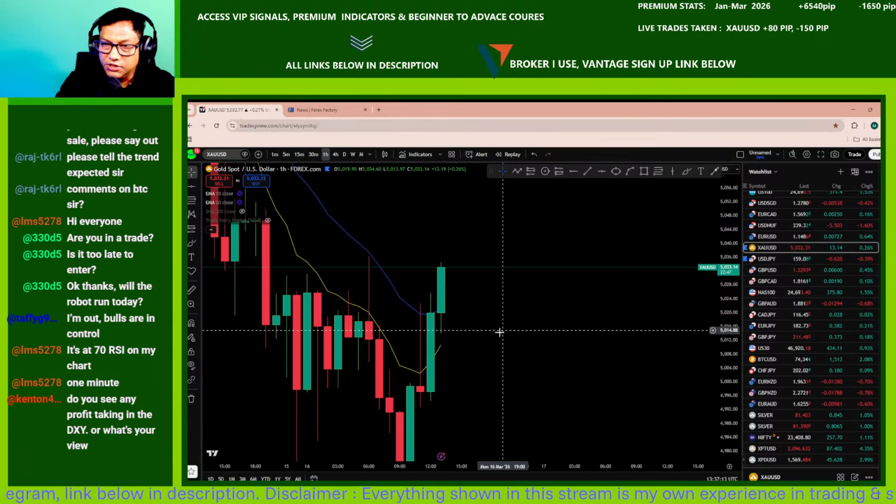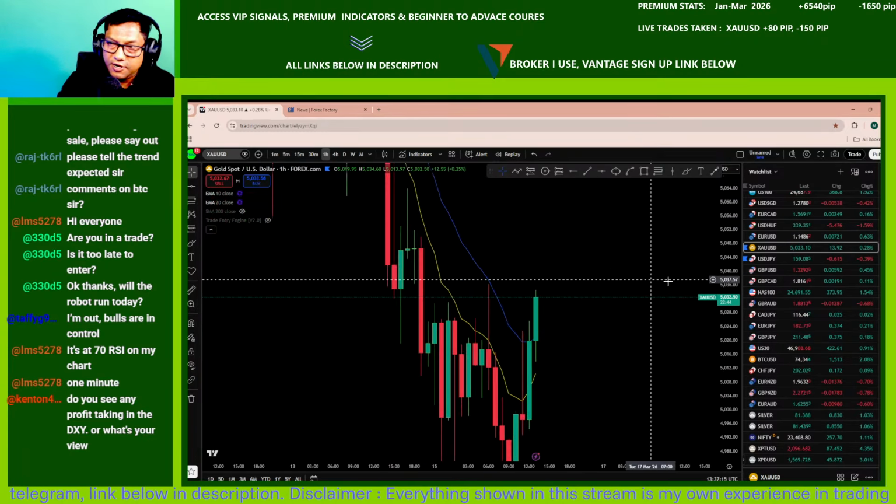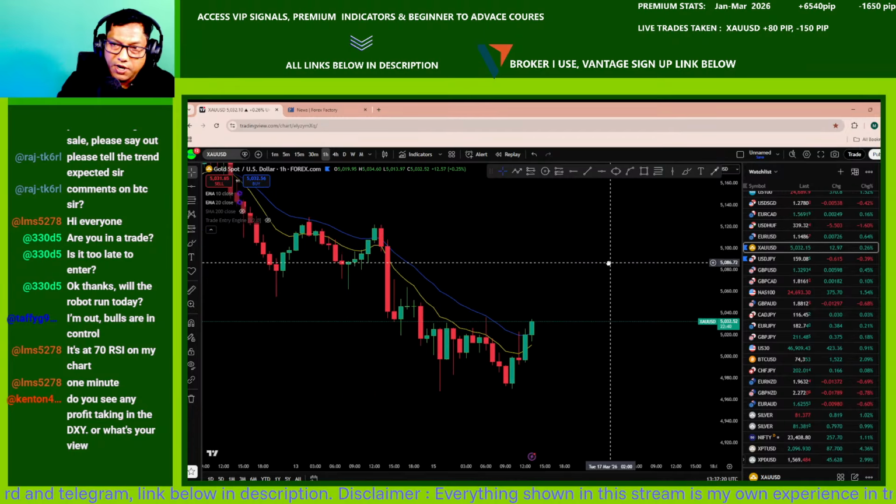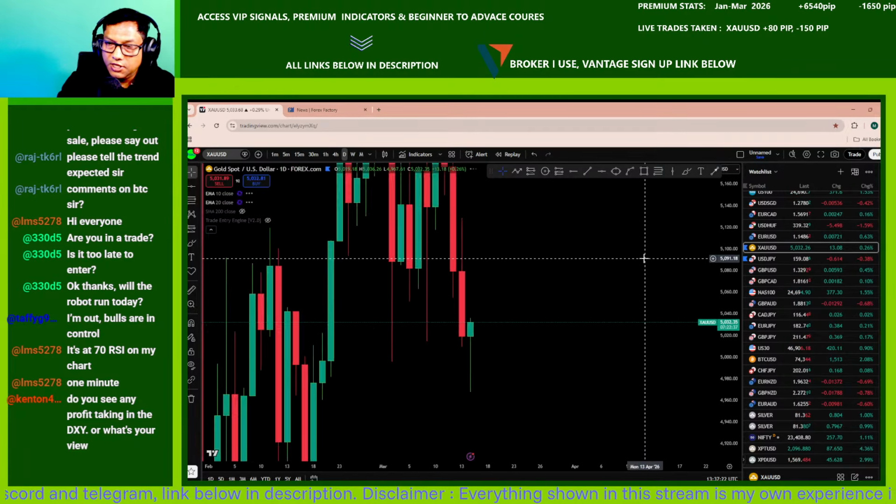Okay, so after this 1 hour candle close, the market has interestingly broken above. So there might be now the daily price action.